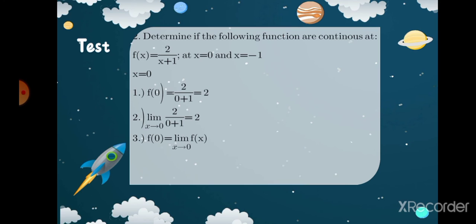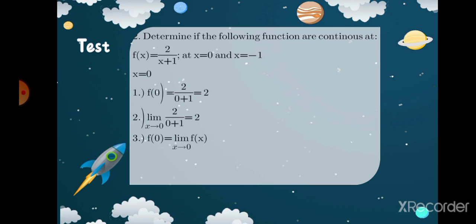Number 1, let's find out if f of c is defined. To find out if f of c is defined, let's just substitute the value of 0 for x. So we have 2 over 0 plus 1, which has the value of 2. Therefore, f of c is defined.